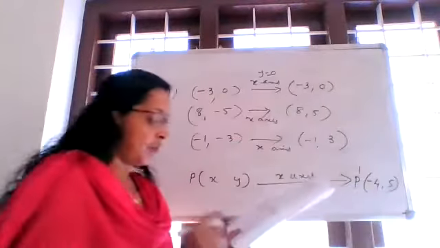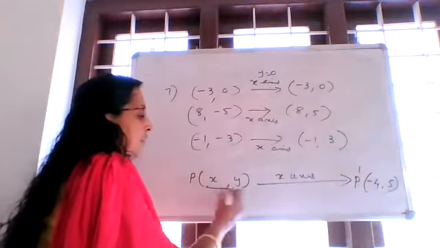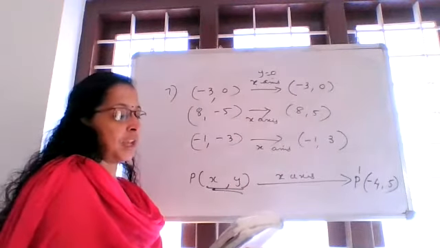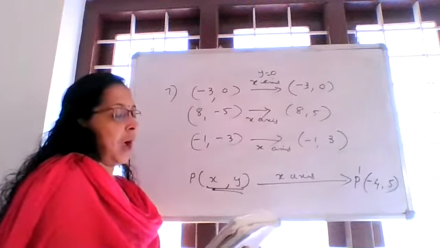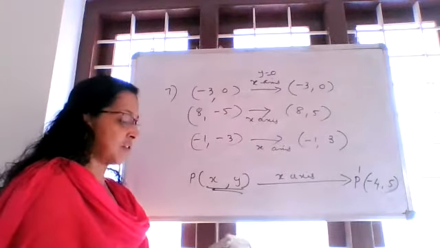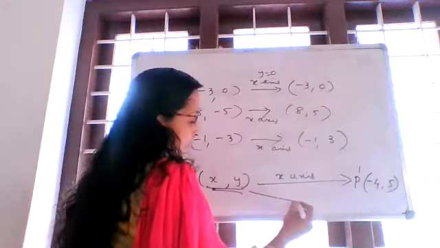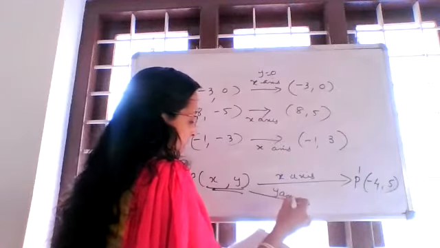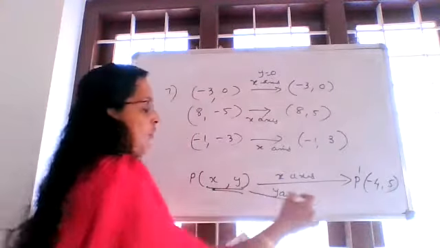Find the coordinates of P. This we want to find out. Then find the coordinates of the image of P under reflection in the y-axis. After getting the value of P, it is again reflected in the y-axis.